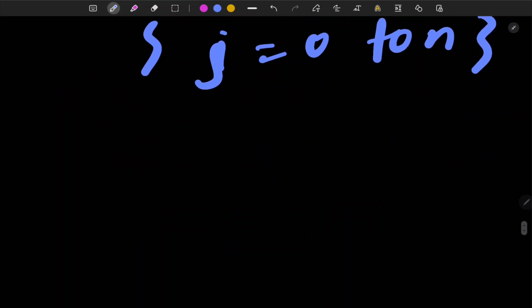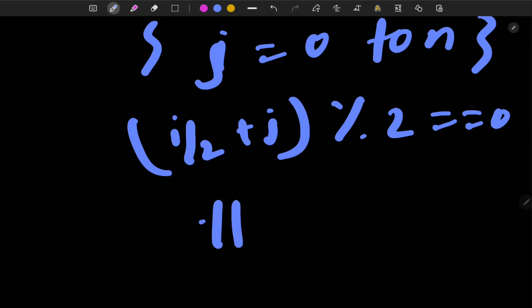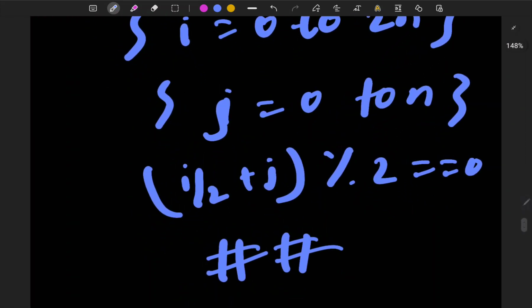In every iteration, I was checking if (i/2 + j) modulus 2 is equal to 0, then you have to print hashtag. Else you have to print dot. So this was my general formula that I had made during the contest.